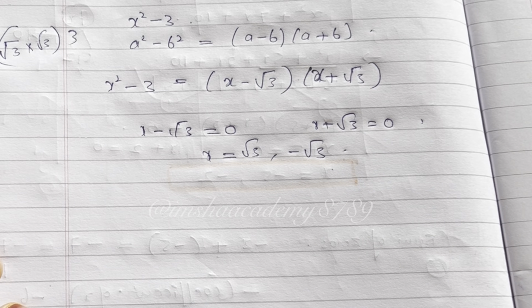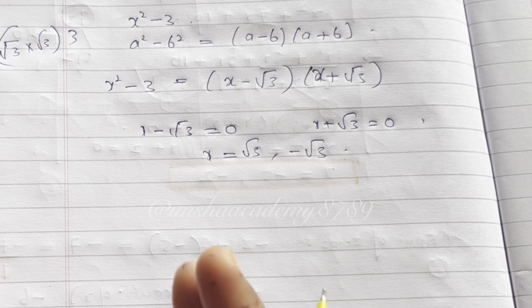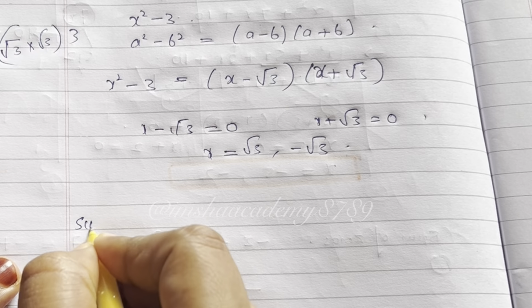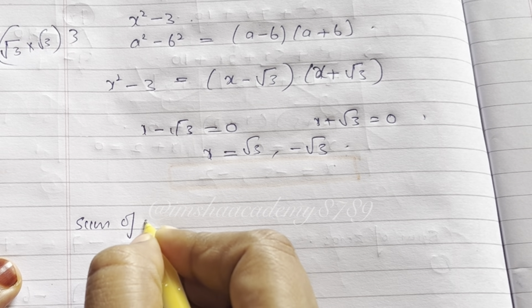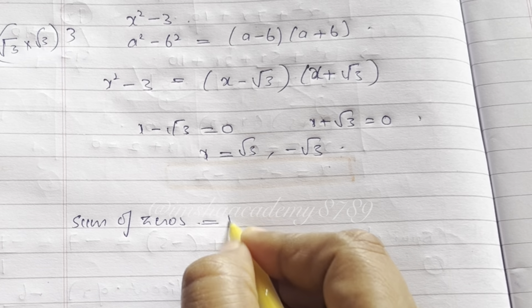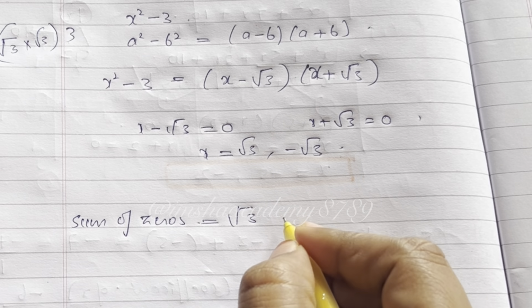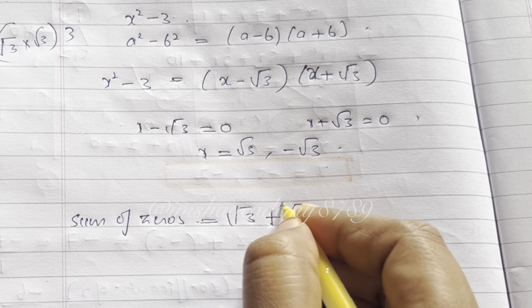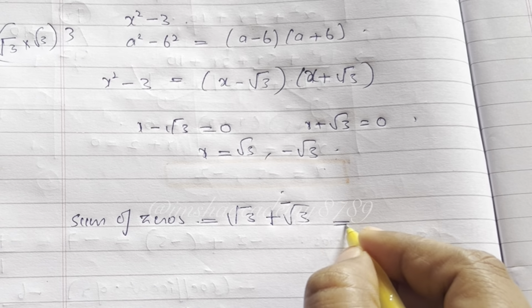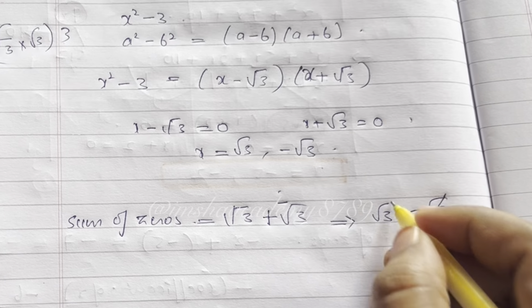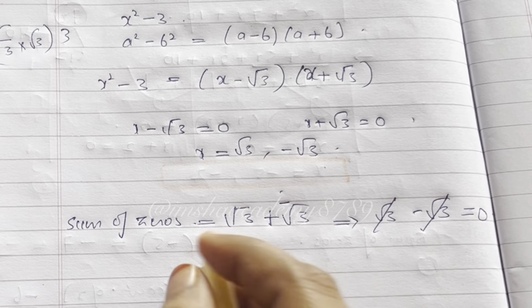So we got the zeros. Let us check whether there is a relationship between zeros and coefficients. For that we need to find the sum of zeros and the product of zeros. For the sum of zeros, root 3 plus minus root 3 is nothing but root 3 minus root 3, so this is equal to 0.